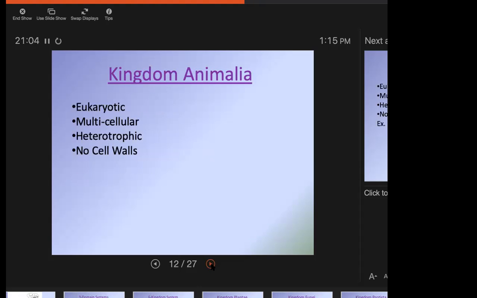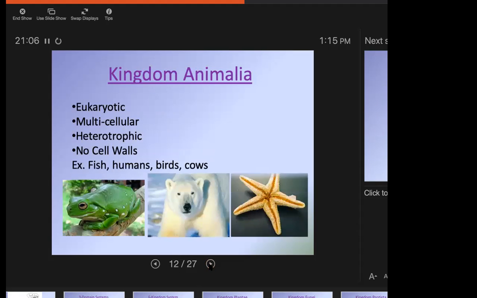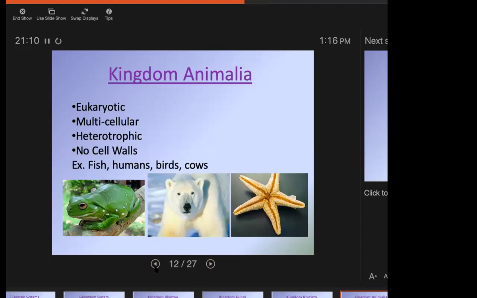Okay, so animals. It might be surprising to you some of the organisms that we consider to be animals. They are eukaryotic. They are multicellular. They are heterotrophic, which means they do not make their own food. They have to consume other living things for energy. And they do not have cell walls. Notice that the traits on here are not things like move.